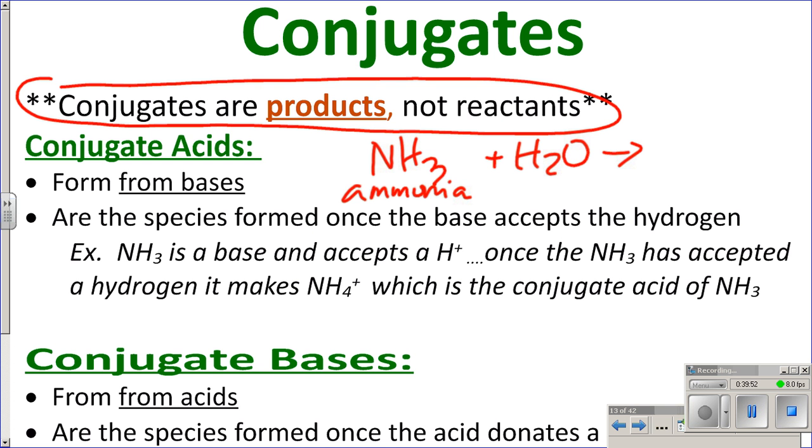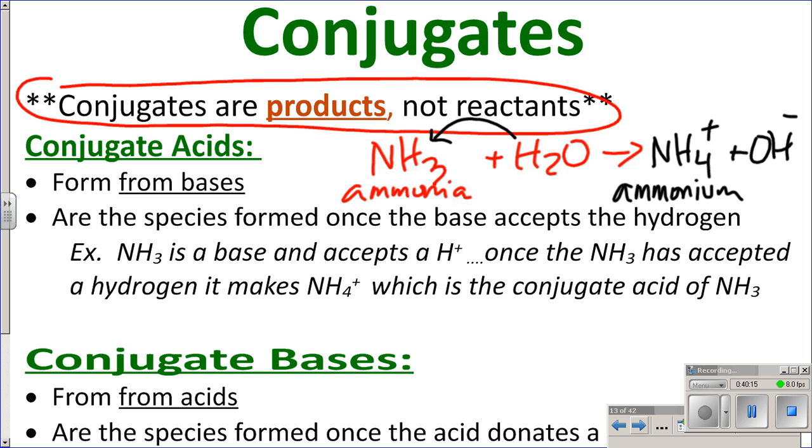HOH is H2O. Give the H plus to ammonia and make what? What's the name of that? Ammonium. Okay, ammonia, ammonium. And what's left of water? OH minus? Yeah. Hydroxide?